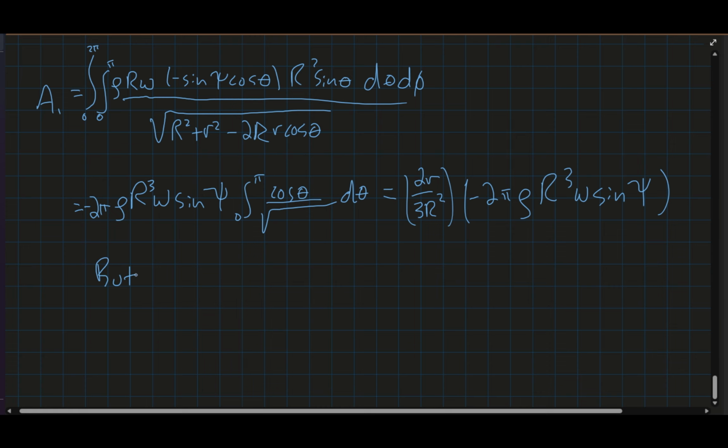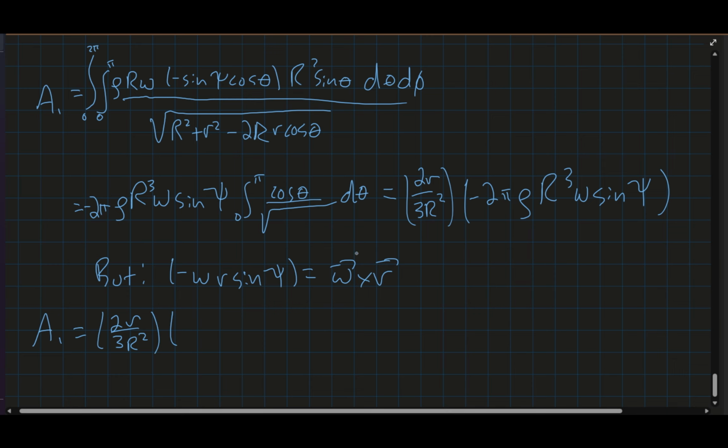But this is right from Griffiths. We can say that minus omega r sine psi is omega cross r. So we're going to make use of that fact because they do it. So we do 2r over 3r squared. This is our a1, by the way.